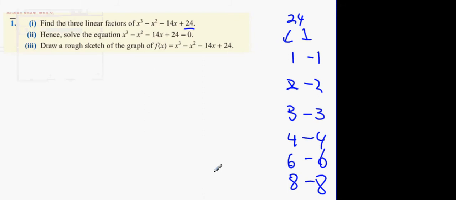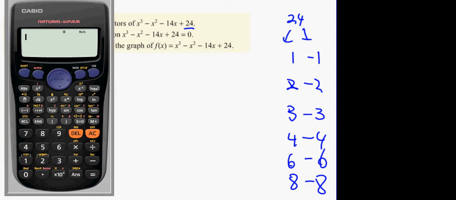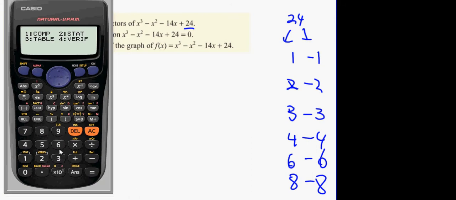We're going to use the mode function. So it's going to be mode table, okay, and when we press the table button, what we need to do next is enter in that form.